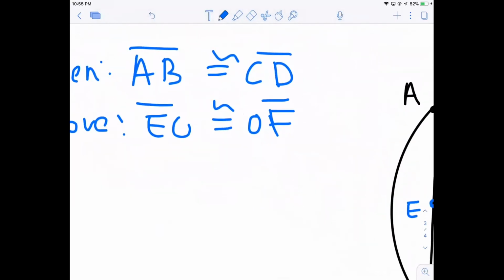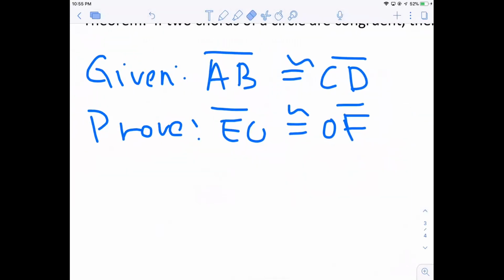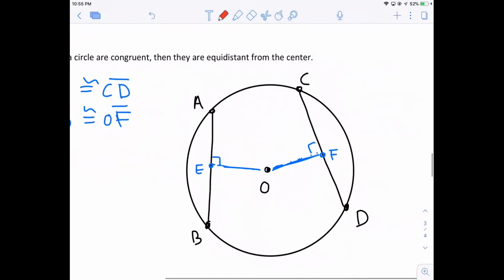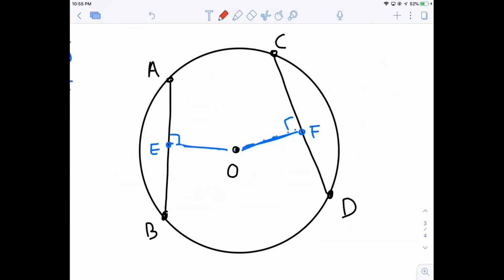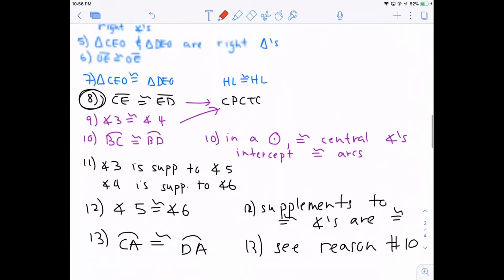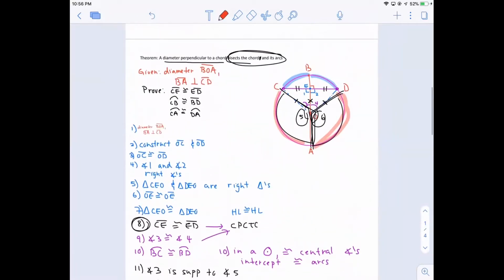We're going to do another construction first. And you can probably guess what we want to construct because we did it in the past two. Right? We're going to construct these four sets of radii, right? And we know all those radii are congruent, but we're going to be using the theorem that we just proved over here, that a diameter perpendicular to a chord bisects the chord and its arcs.